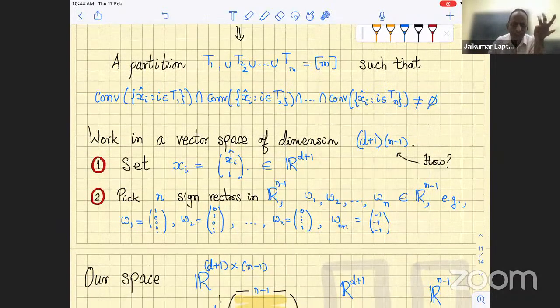Okay, now, if you have a generalization of the theorem, there must be a generalization of the proof. So let us think quickly. So how will we do this proof? So the way we will do this proof is, and now we get stuck. Radon's theorem, we used positive and negative numbers.